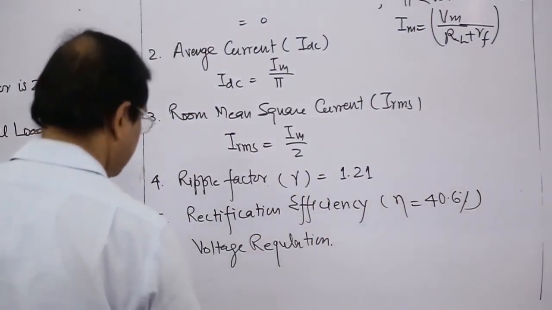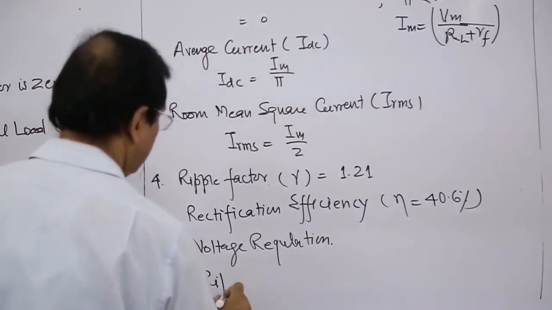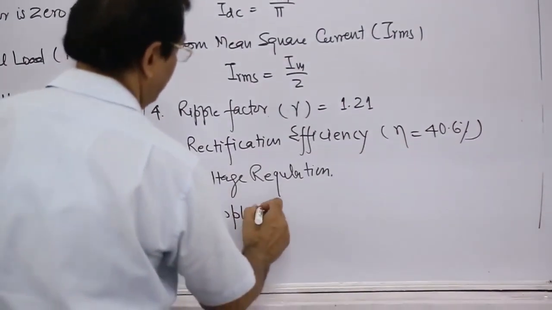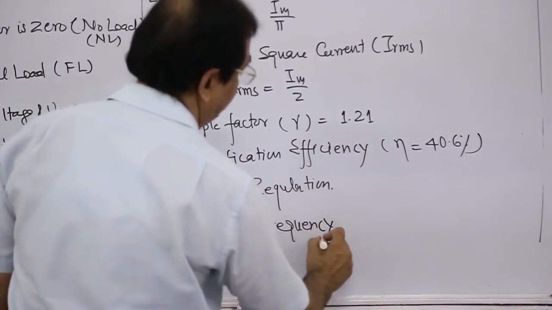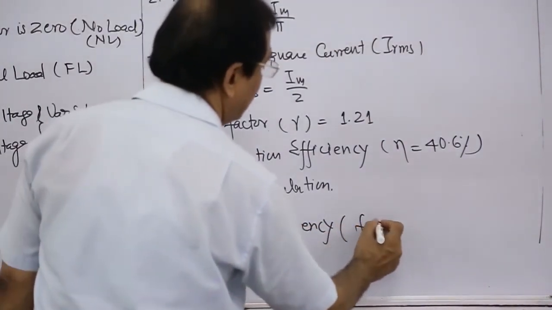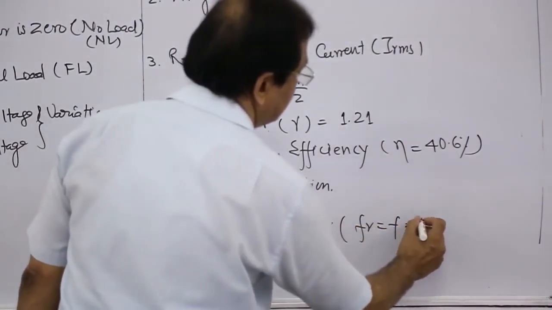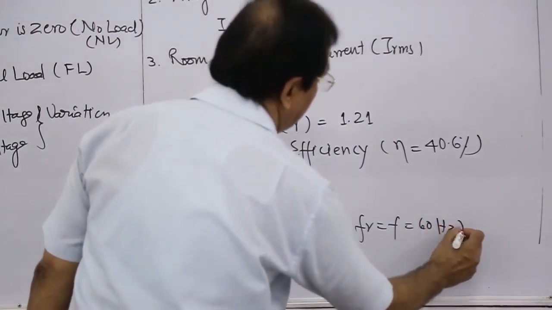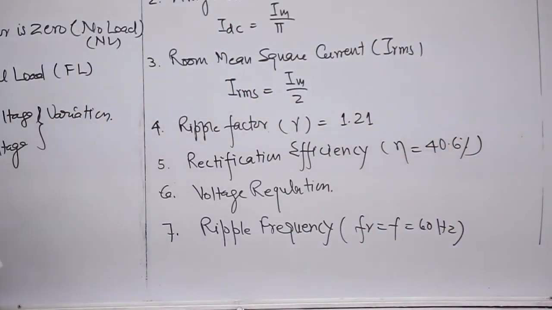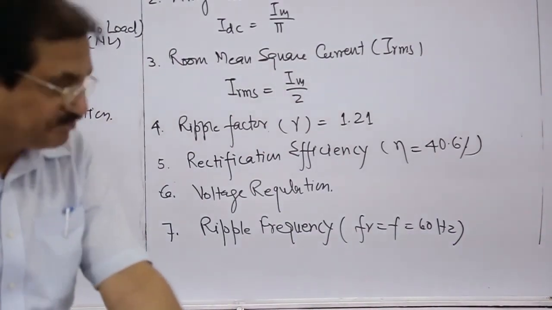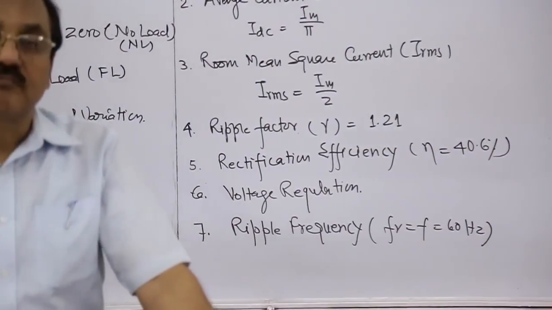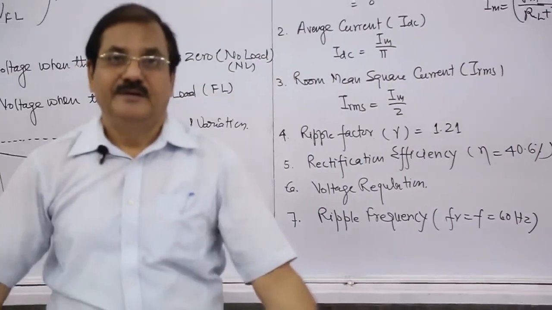And seventh is the ripple frequency. FR is equal to F, that is 60 hertz. So, this is all about the half wave rectifier.